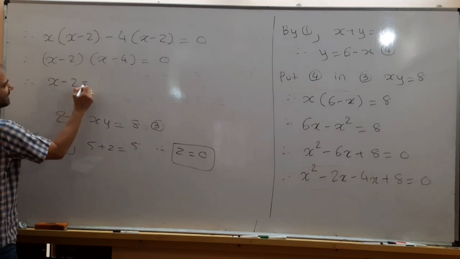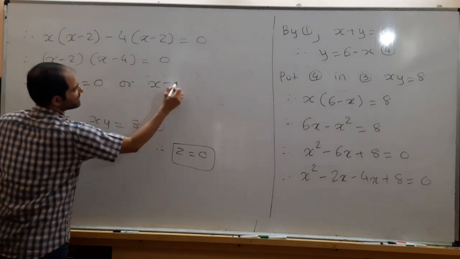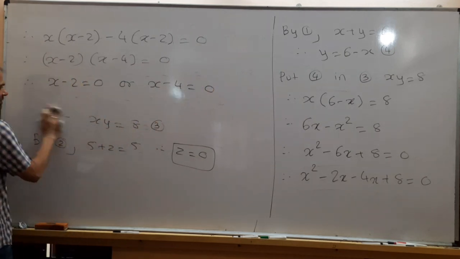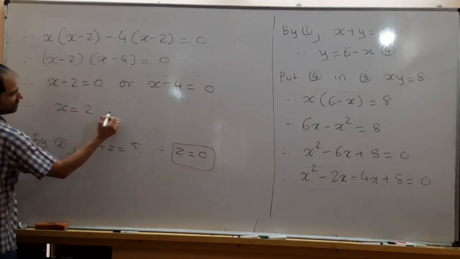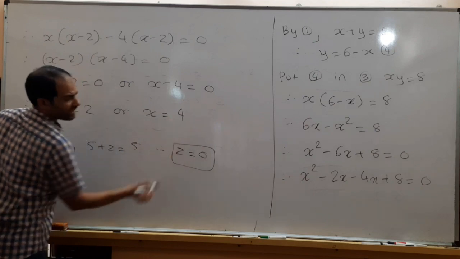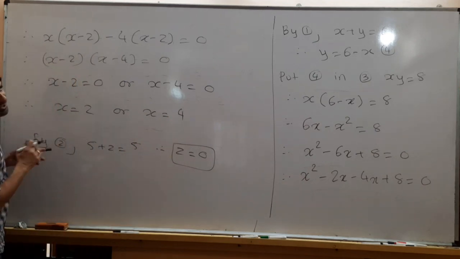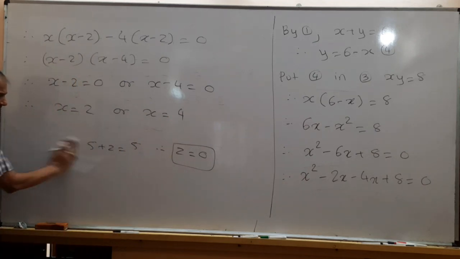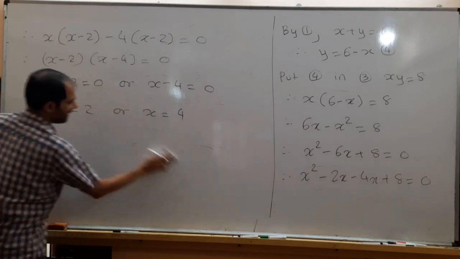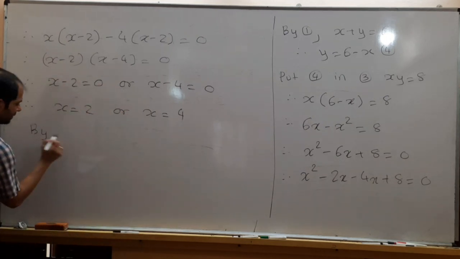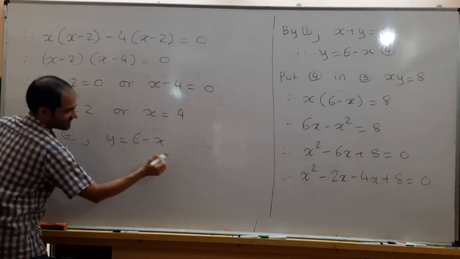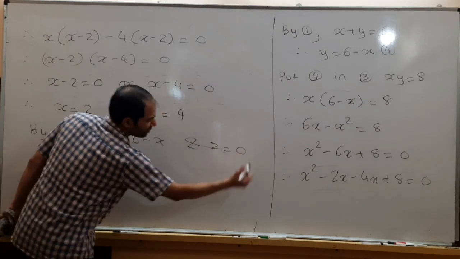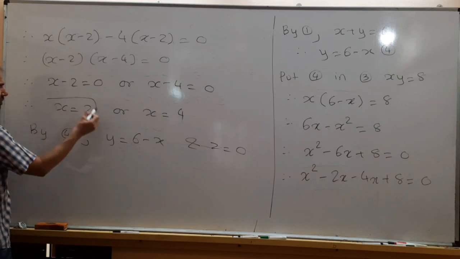So x minus 2 is 0 or x minus 4 is 0. So what is x? So x turns out to be 2 or x turns out to be 4. And by equation number 4 we have y is equal to 6 minus x and z is 0, which we had solved before.